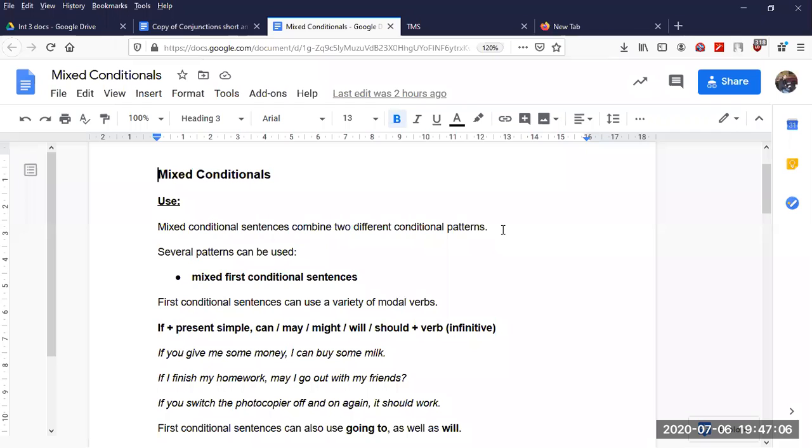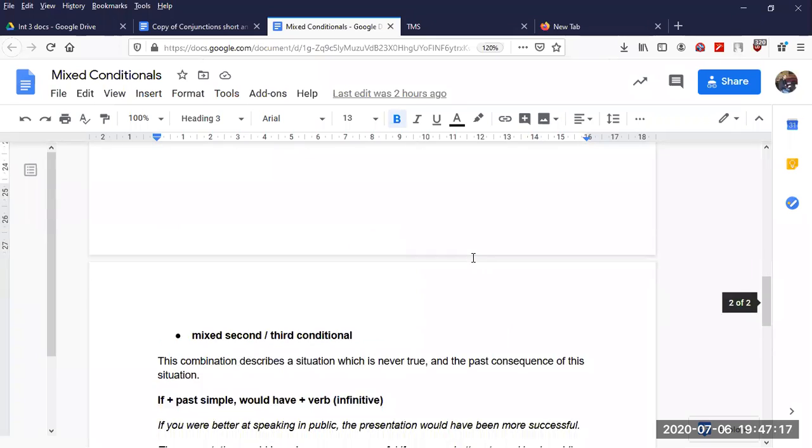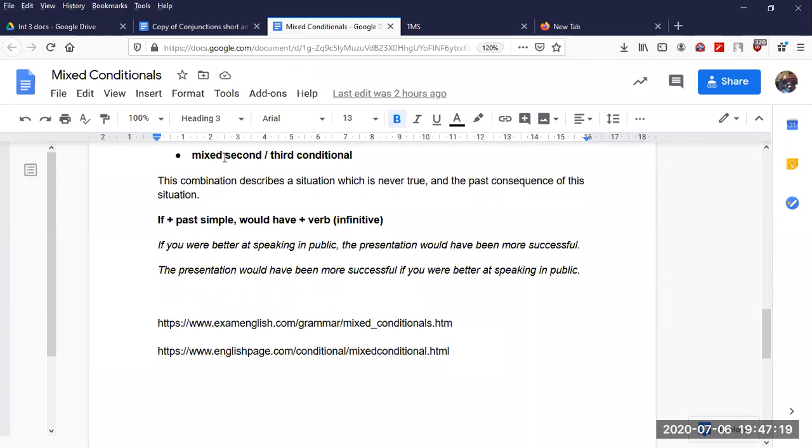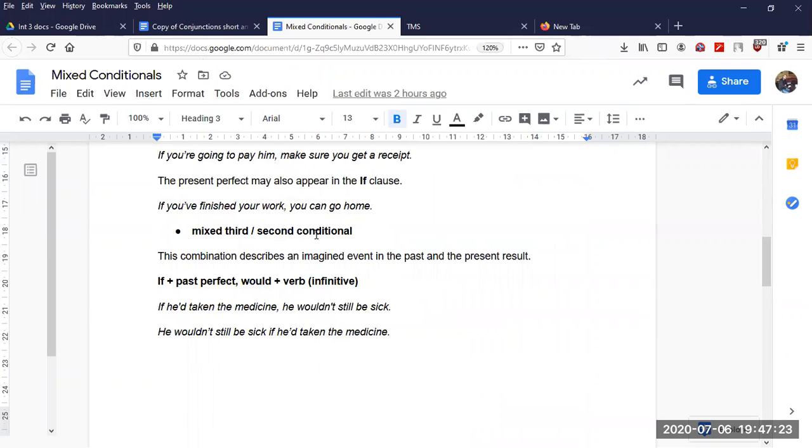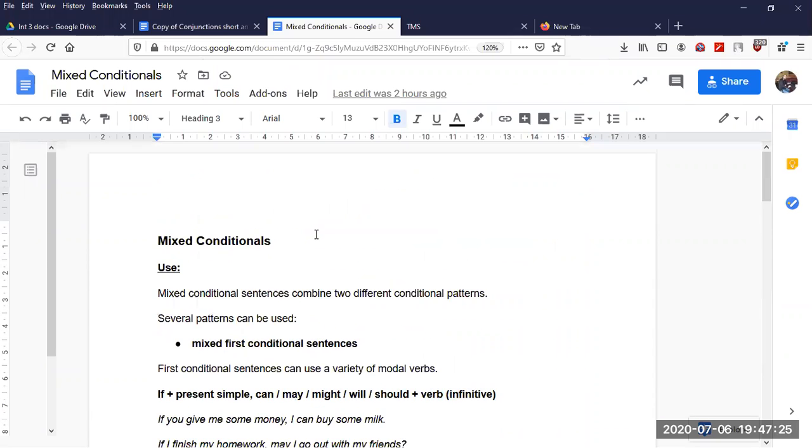Okay, this is a more thorough explanation. So mixed conditional sentences combine two different conditional patterns. So all of those examples before with the mixed second and third, and the mixed third and second. It's also very common to use the mixed first conditionals.